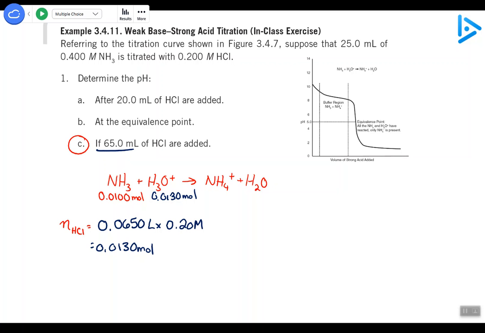So we're starting with that 0.01 moles of NH3, reacting with excess H+. Now we have more H+ than what we needed for this experiment. That means the NH3 is now our limiting reagent. It will completely react until we have none left. It's a 1-to-1 ratio. So we will have 0.030 moles of our strong acid left.